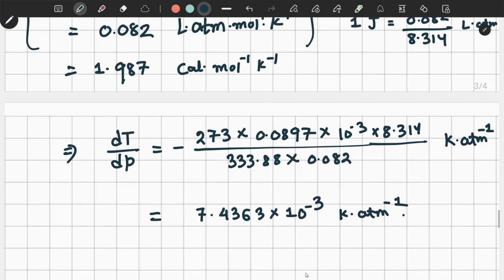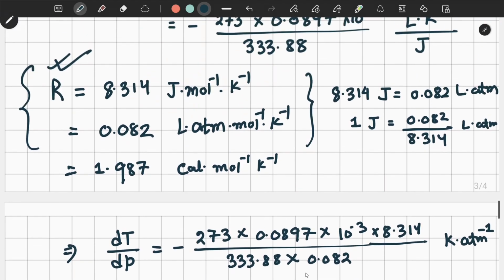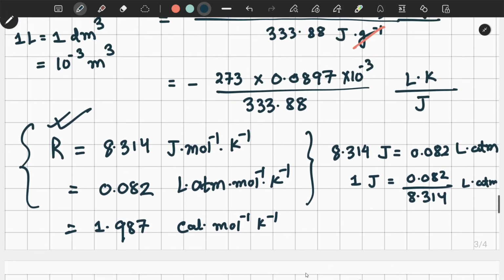So just see this. The problem was easy, but this is where people will get stuck, in this conversion. If you don't know, then you can't proceed. Okay. So now the next question.